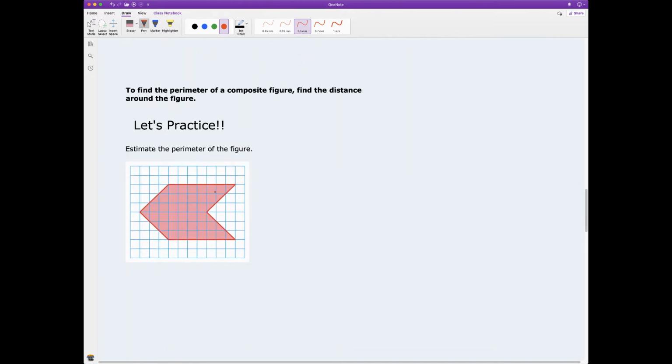Okay, again, remember, to find the perimeter of a composite figure, find the distance around the figure. In your textbook and on your test, you're going to see some problems like this. On graph paper, it's a little easier because all we have to do is count the sides. Let me count the horizontal sides.